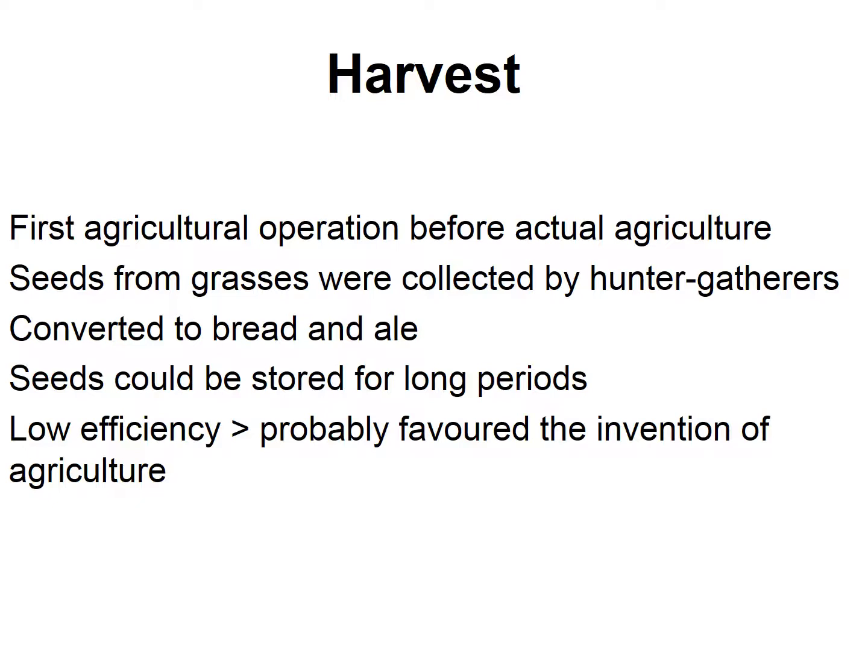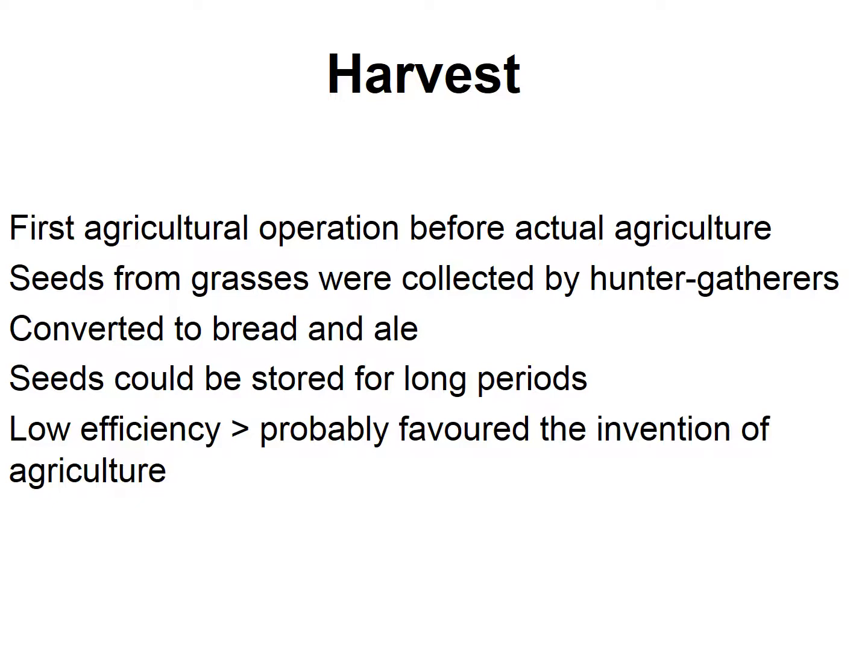These seeds were converted to bread and ale, so humans were able to exploit seeds from grasses long before they cultivated them. One main advantage of seeds was that they could be stored for long periods, which didn't happen with other sources of food.